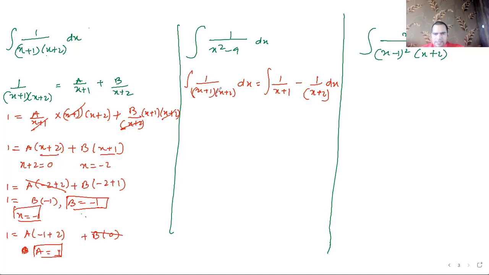Now you couldn't integrate the original, but you can integrate this, which is the integration of 1 over x plus 1, which is ln of x plus 1, minus the integration of 1 over x plus 2. The coefficient of x is 1, so dividing by 1 doesn't make any difference: minus ln of x plus 2, plus c. So this is the integral of the given expression.